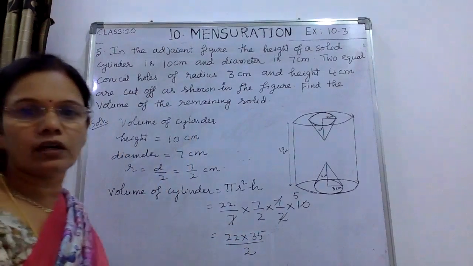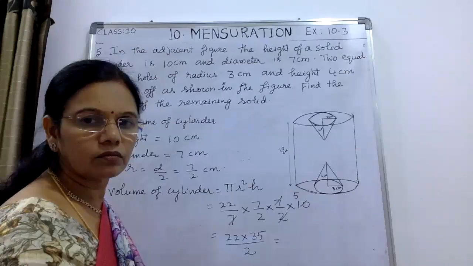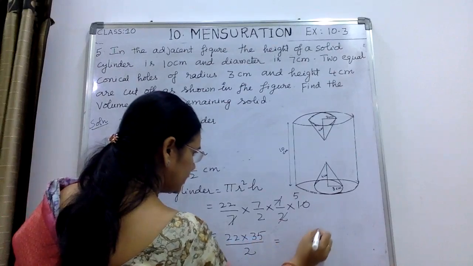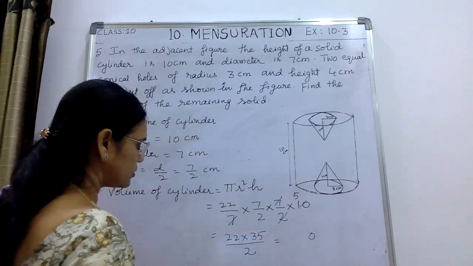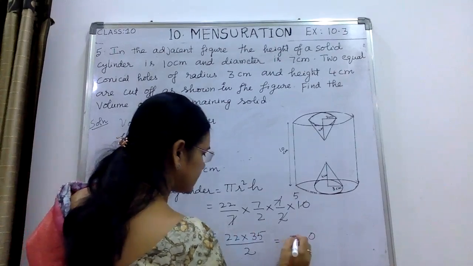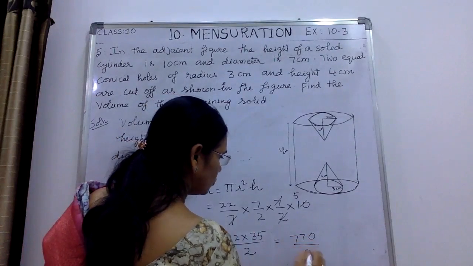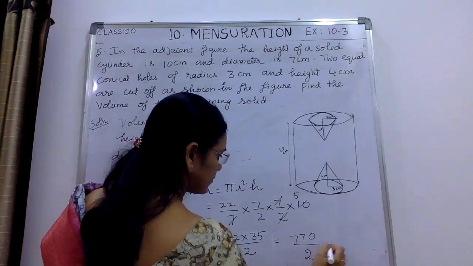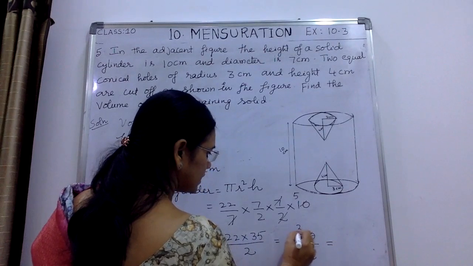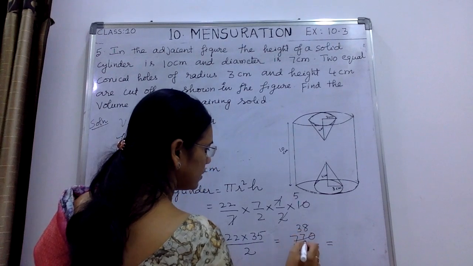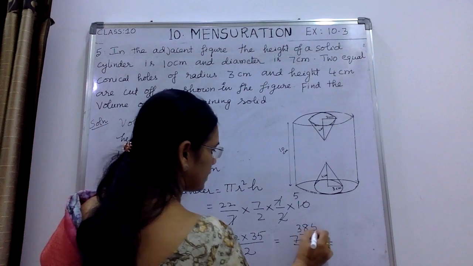Pi r square h. 35 2s are 70. Again 70 plus 7, 77 by 2. So again we can simplify this. 2 3s are 6, 17, 2 8s are 16, 10, 2 5s are 10.